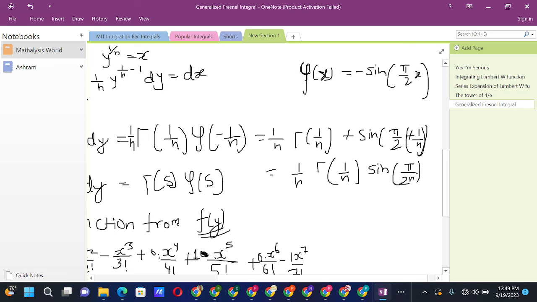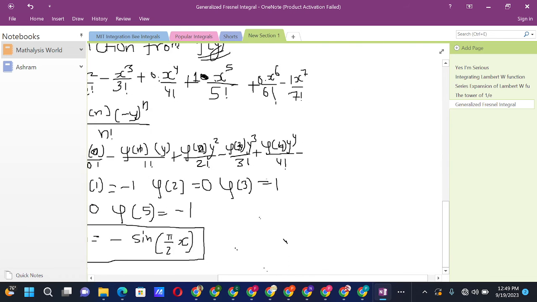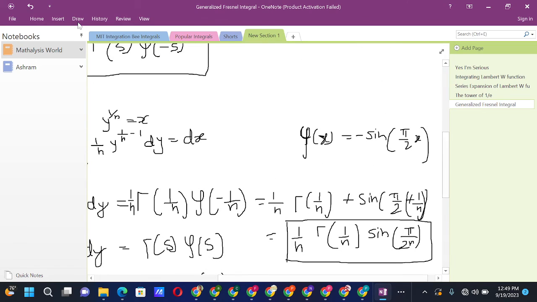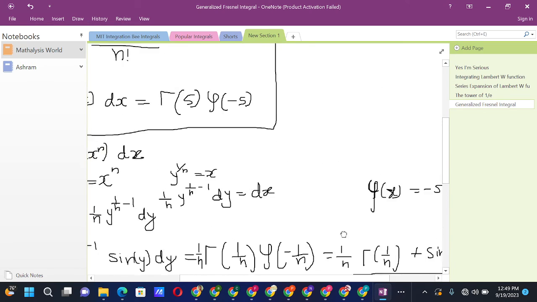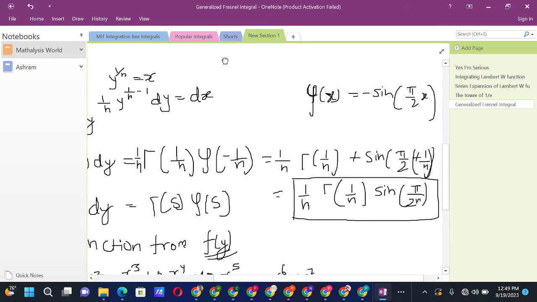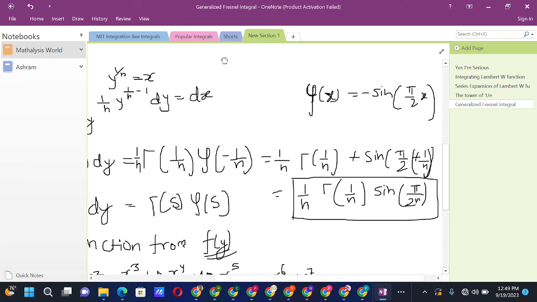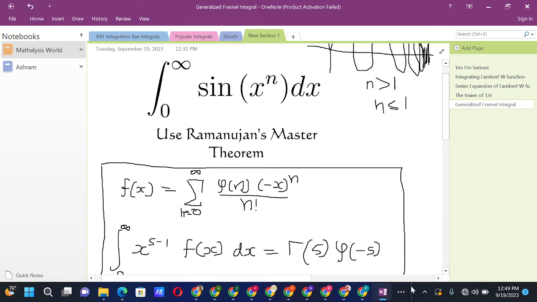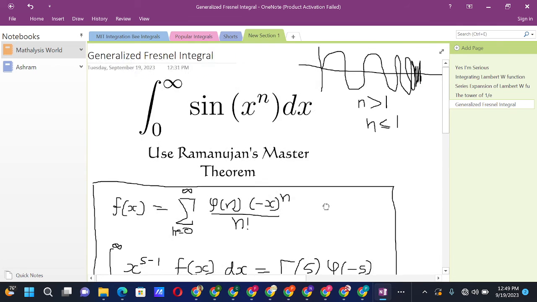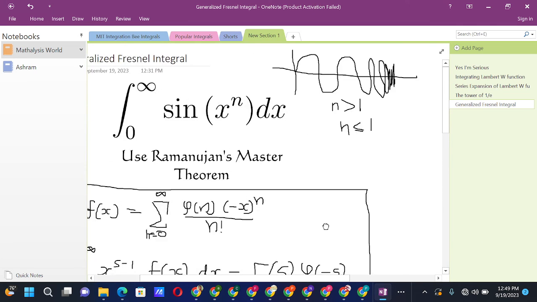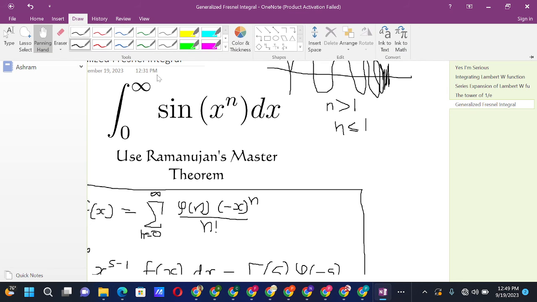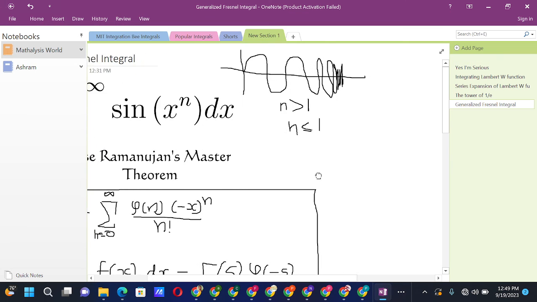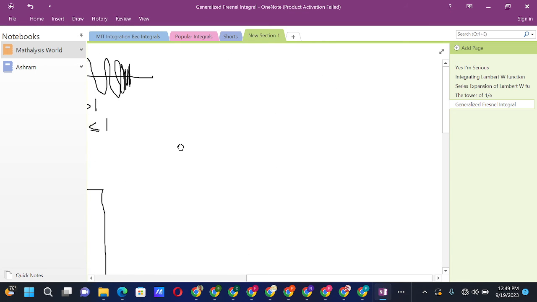So this is the answer for the generalized Fresnel integral. This was indeed a long journey, but it was fun nonetheless. So this integral over here is equal to what is highlighted here.